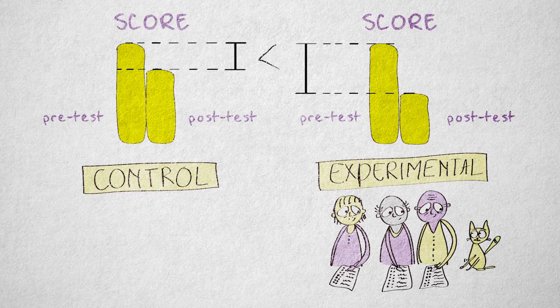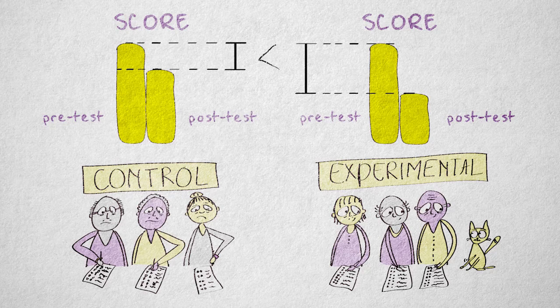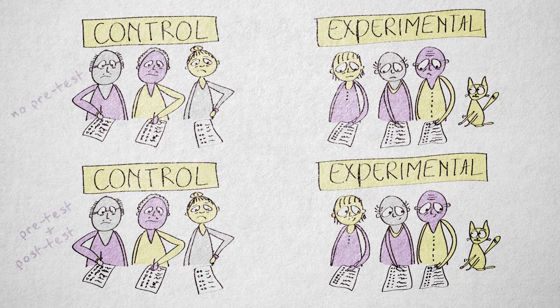Suppose people in the control group don't figure out the purpose of the study, because they don't get a cat. They're not sensitized and not motivated to change their scores on the post-test. This difference in sensitization provides an alternative explanation. One solution is to add an experimental and control group that weren't given a pretest. I'll discuss this solution in more detail when we consider different experimental designs.